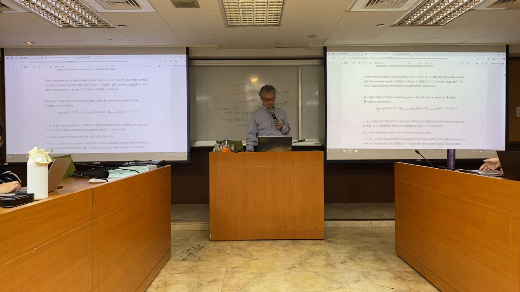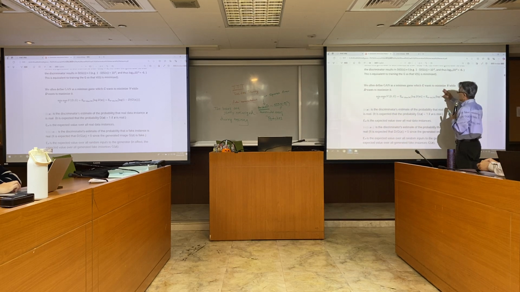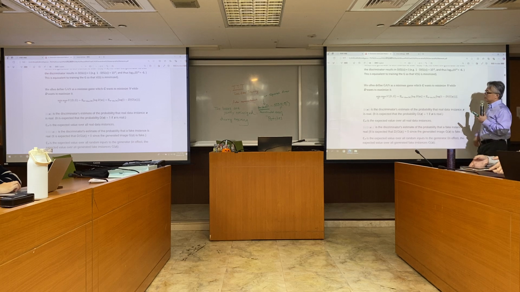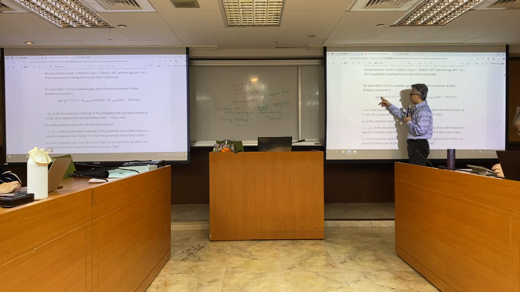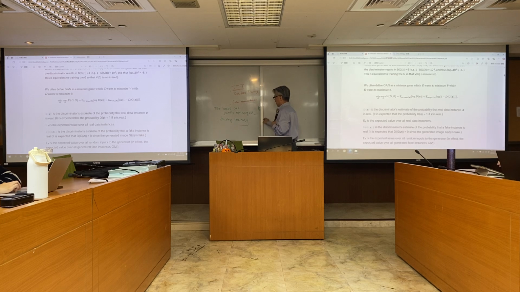This is a minimax GAN, in which the G wants to minimize V while the D wants to maximize it. So you can see that there's a minimax problem, some mathematical program.